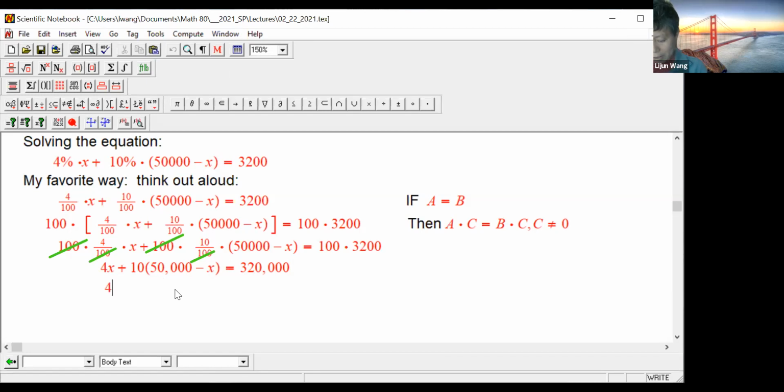So I have 4x outside, and plus 10 times 50,000 will be 500,000, right? 500,000 minus 10x, and that equals 320,000. Am I good?